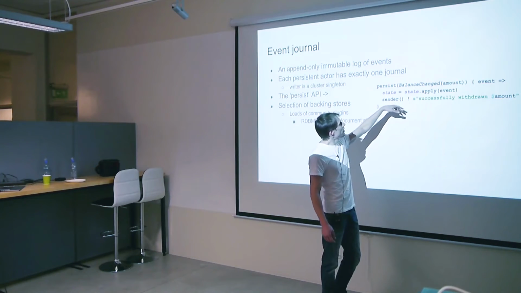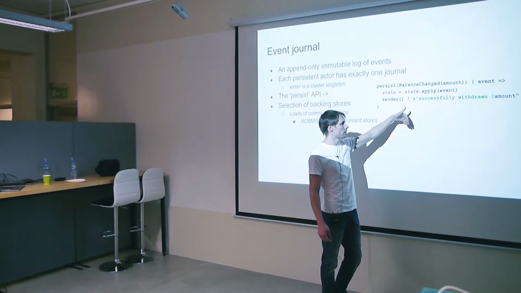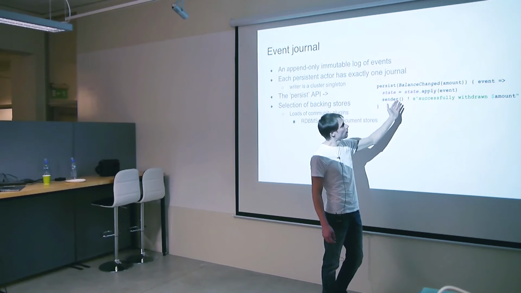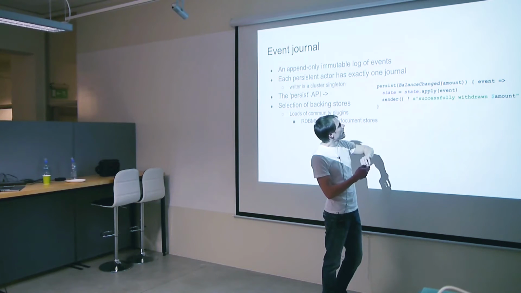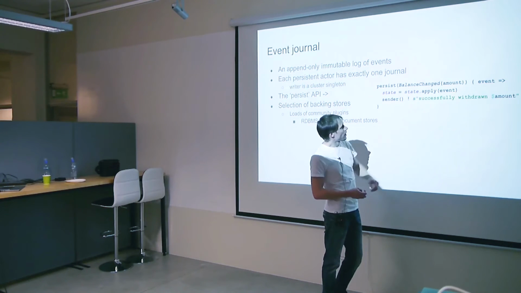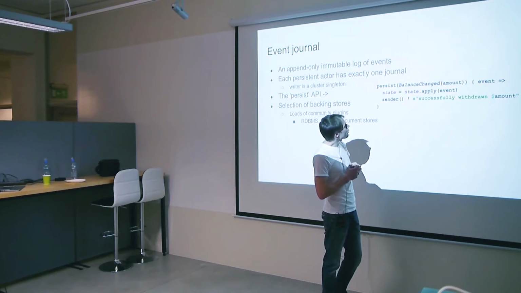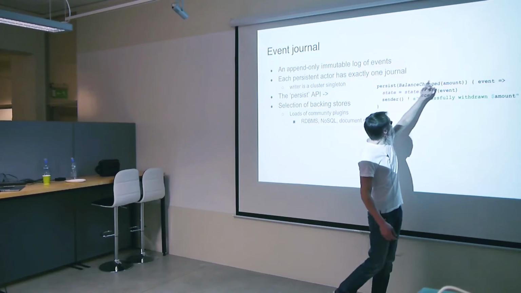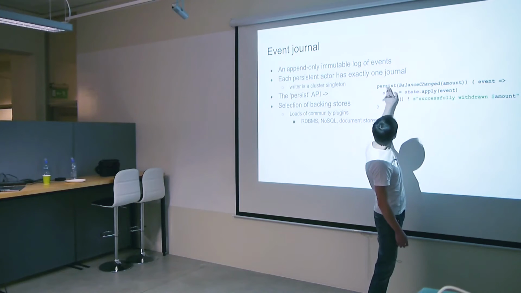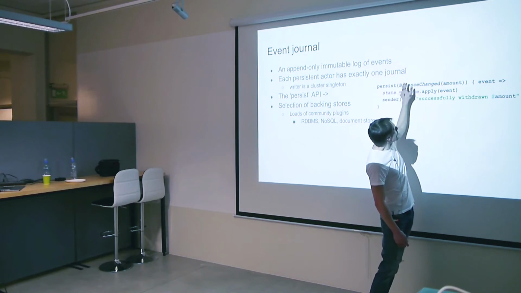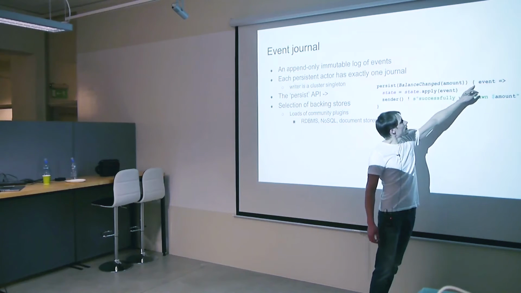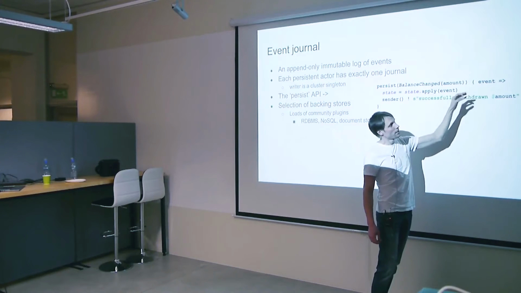So whenever you decide that the command has to lead to a state change, for example, in this example, a banking account has to withdraw some money from it, you create an event, balance changed, you tell the framework to persist it to disk, and once the framework persists the event to disk, it calls us back and says, hey, here's an event, I put it to disk.